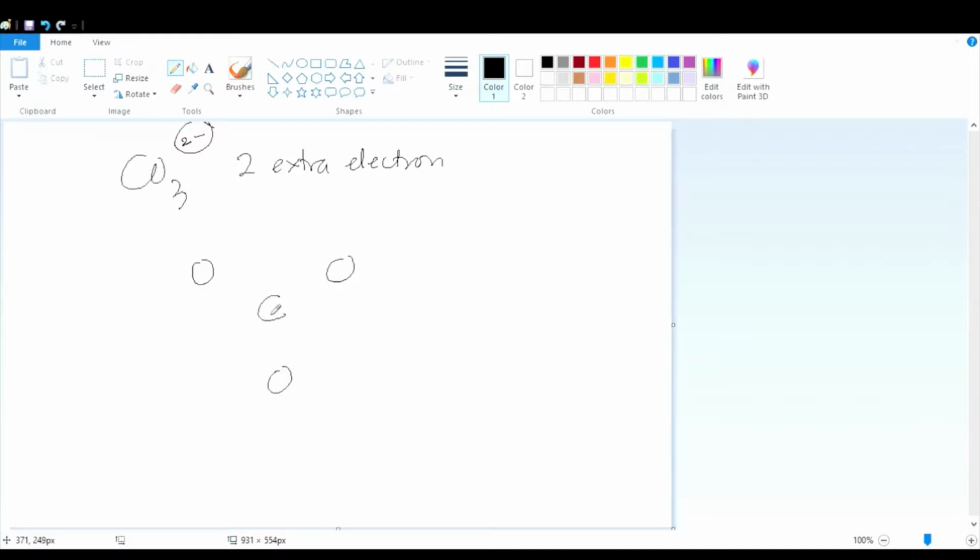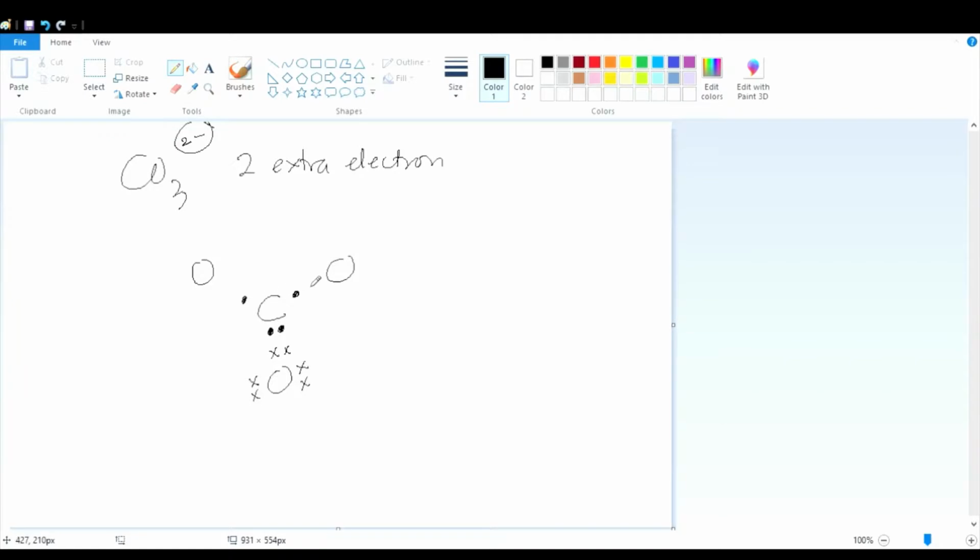Carbon in the middle is because it is more electropositive. How many valence electrons does carbon have? 1, 2, 3, and another one would be here so that it can form a double bond with this oxygen. Oxygen has 6 valence electrons, so that's just nice.